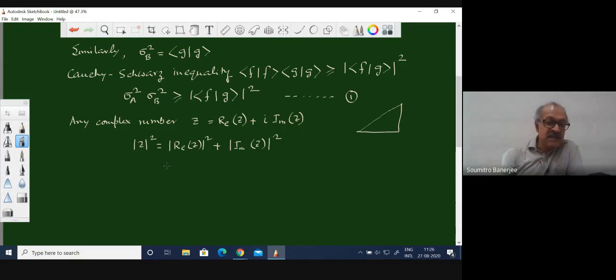Obviously, this is bigger than or equal to only the imaginary part square.